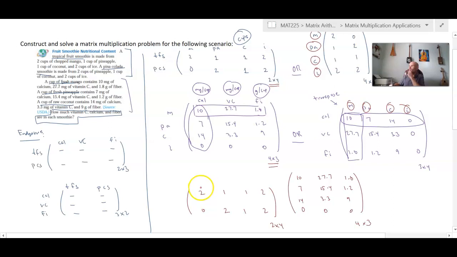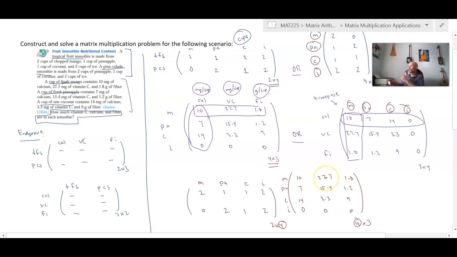Now notice that the 4 here corresponds to the 4 columns mango, pineapple, coconut, ice. And the 4 here corresponds again to mango, pineapple, coconut, ice.